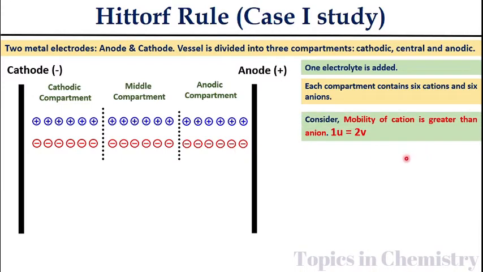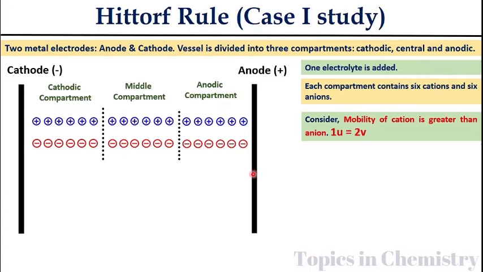Now consider that the mobility of the cation is greater than that of the anion, almost twice. Here 1U is equal to 2V, where U is the mobility of the cation and V is the mobility of the anion. The higher the mobility, the higher the speed, so the cation has twice the speed of the anion.